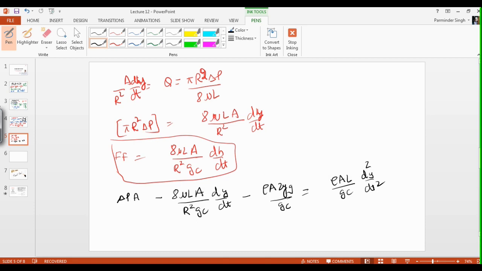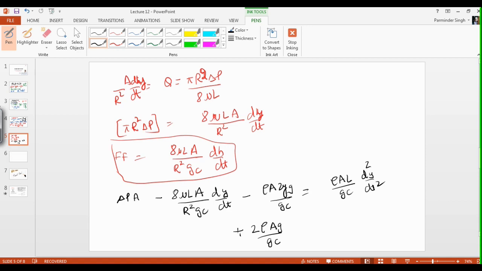Now you see a second order system, and because of this pressure difference this happened. Now let's divide this entire equation by 2 rho A g by gc.